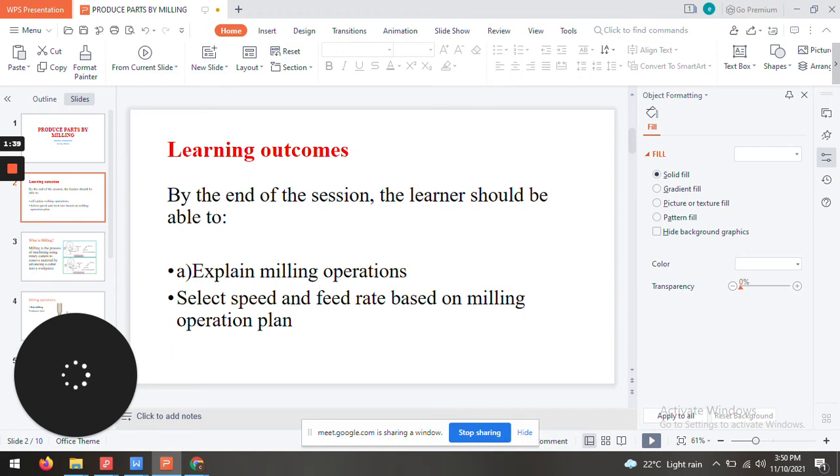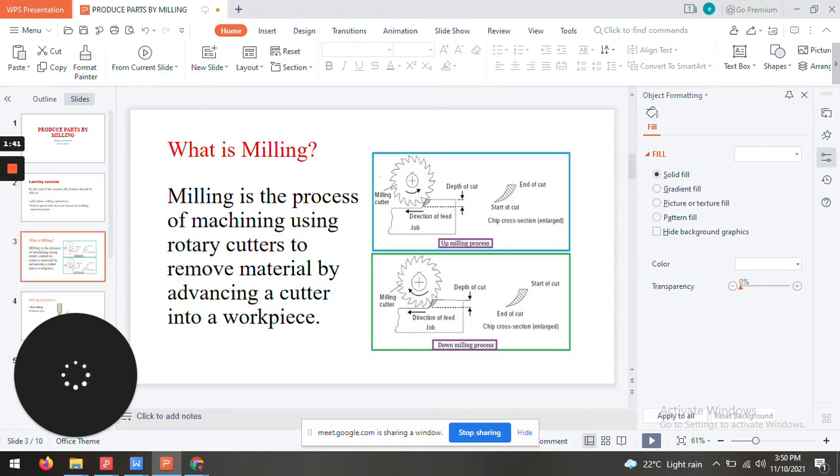So what is milling? Milling is the process of machining using rotary cutters to remove materials by advancing a cutter into a workpiece. As you can see on this picture, we have two types of milling.